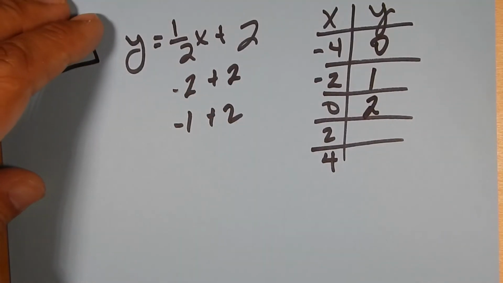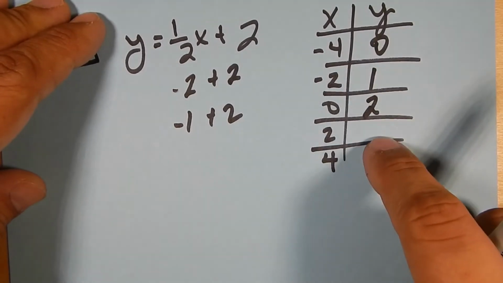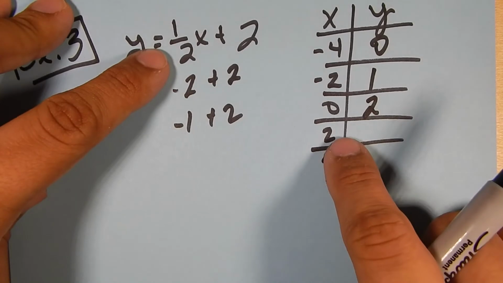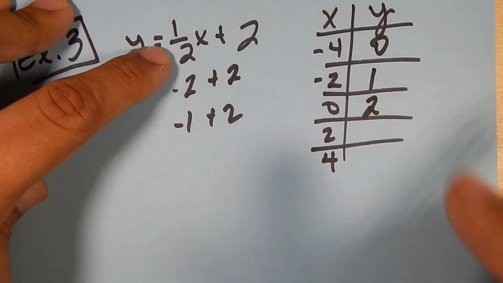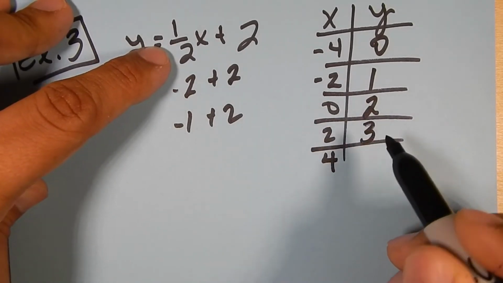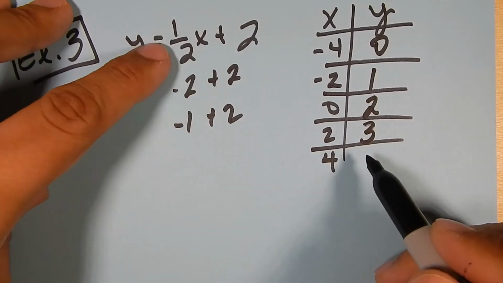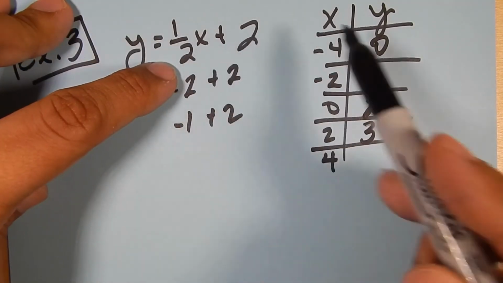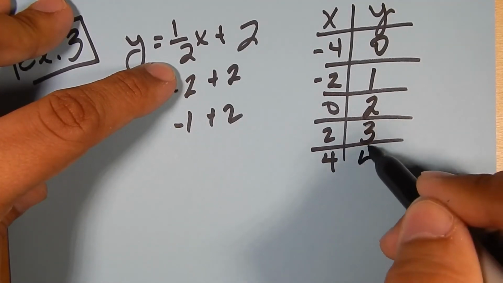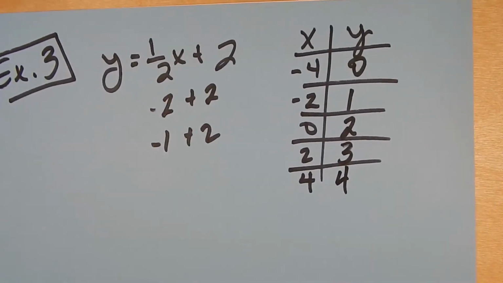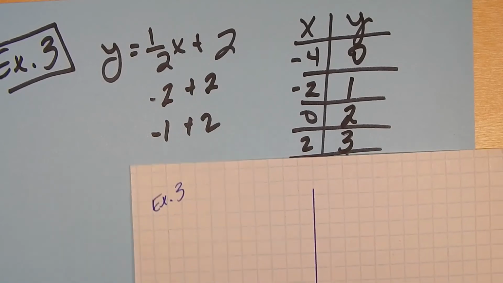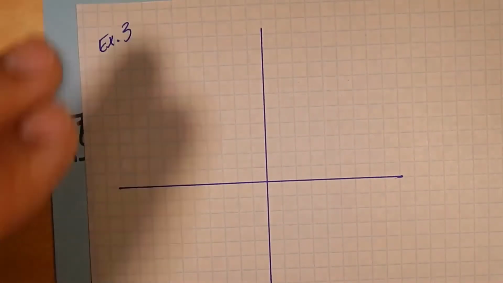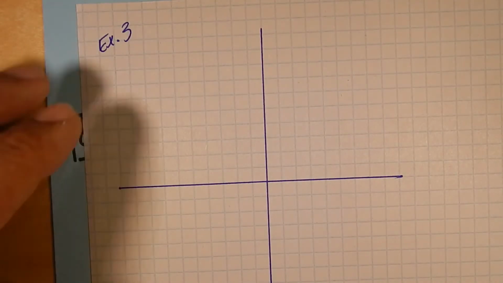Now we might see a pattern here right away. 0, 1, 2. We're expecting the next one to be 3. Hopefully it is. So half of 2 is 1 plus 2. That gives us 3. And we're expecting the next one to be 4. Half of 4 is 2 plus 2. That gives us 4. So our pattern ended up being right.